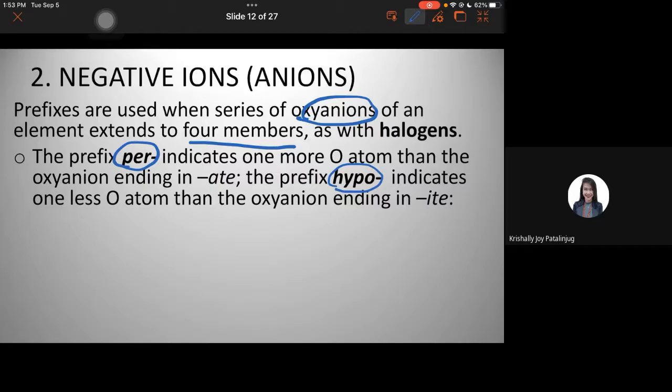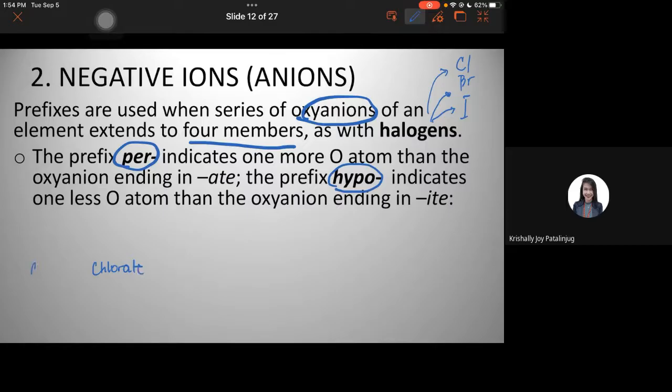Okay, so kindly take note that for halogens, bromine, chlorine, and iodine, they are capable to extend to four members of their oxyanion.